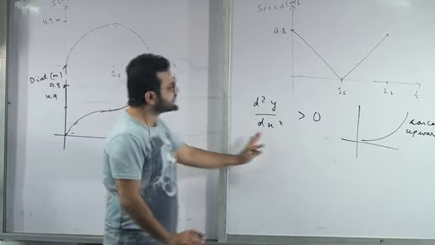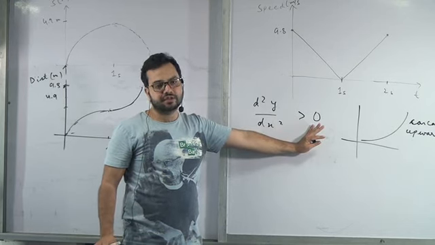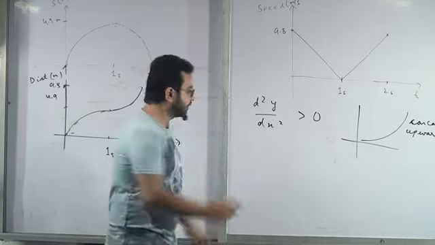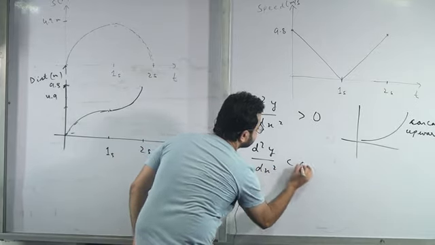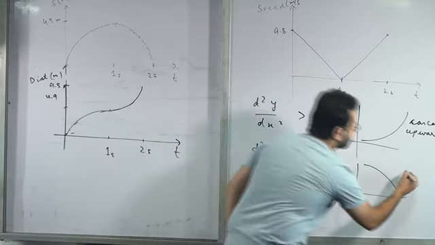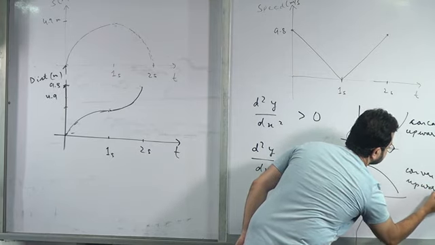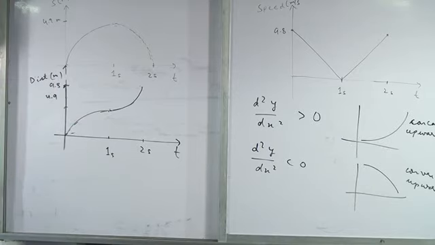But for now you can just take this as a result. d square y upon dx square greater than 0 means the graph is concave upward. When d square y upon dx square is less than 0, it means that the graph is convex upward. Is that clear? Right? Okay.